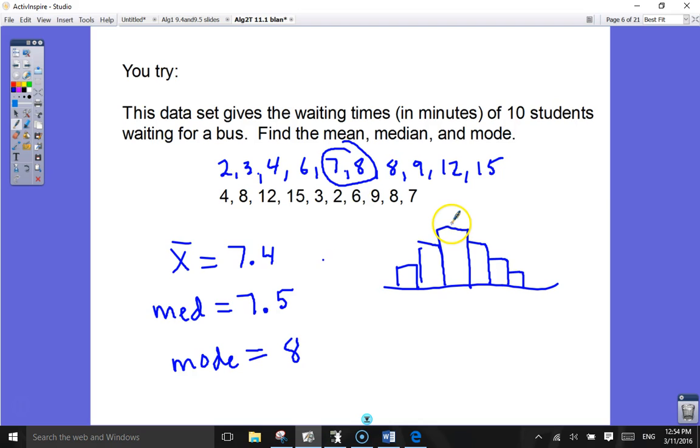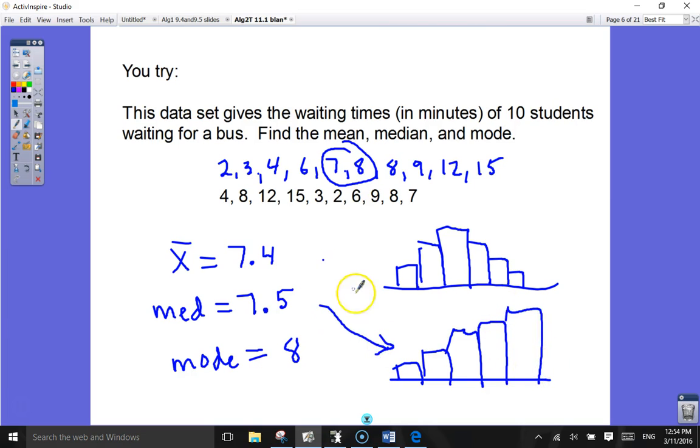And if you would say that your distribution is unimodal and symmetric, it looks about the same on both sides, then you're going to use the mean as the measure of central tendency. If it was instead something like, it's actually getting bigger on one side than the other, then you would use the median if it's not symmetric. So the mode, no.